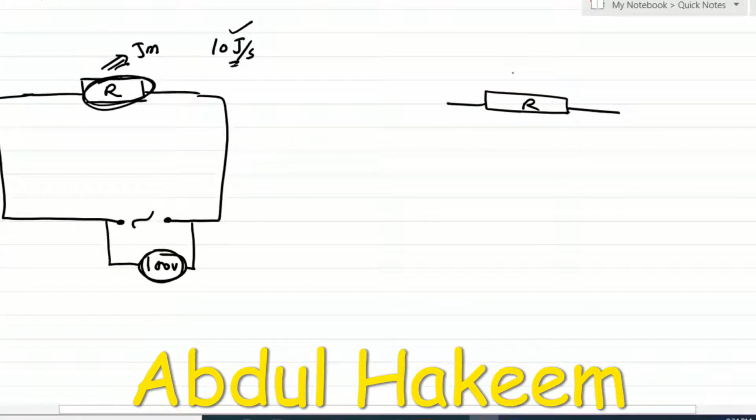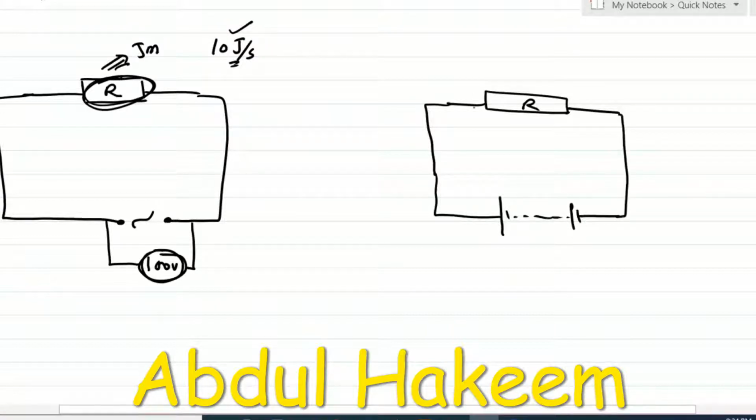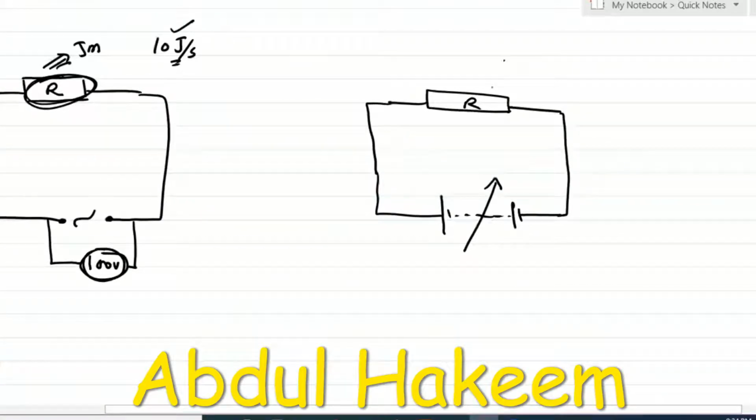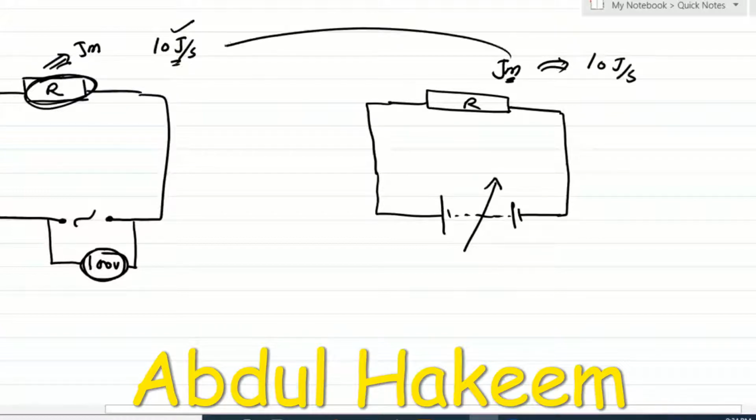Now this identical resistor is connected with a DC supply, direct voltage, direct current supply, and it is variable. Now the joule meter is placed near this identical resistor and the voltage is adjusted until energy is delivered at the rate of 10 joules per second.